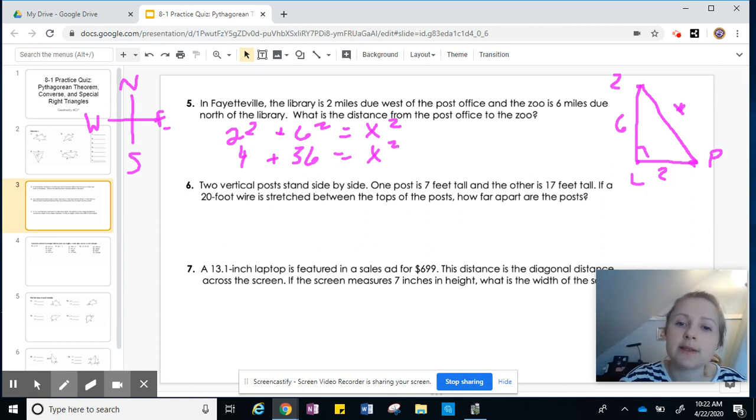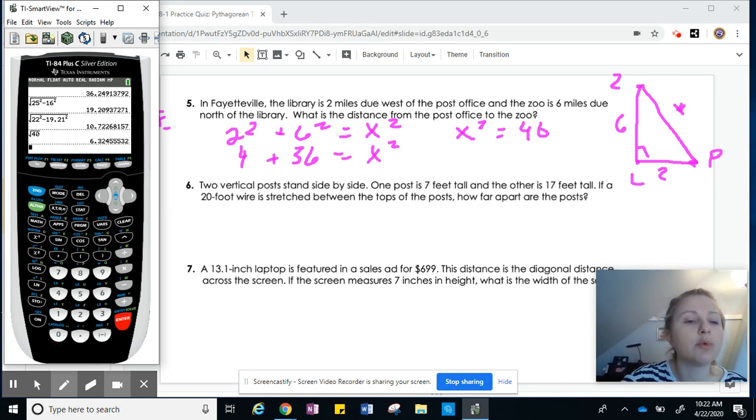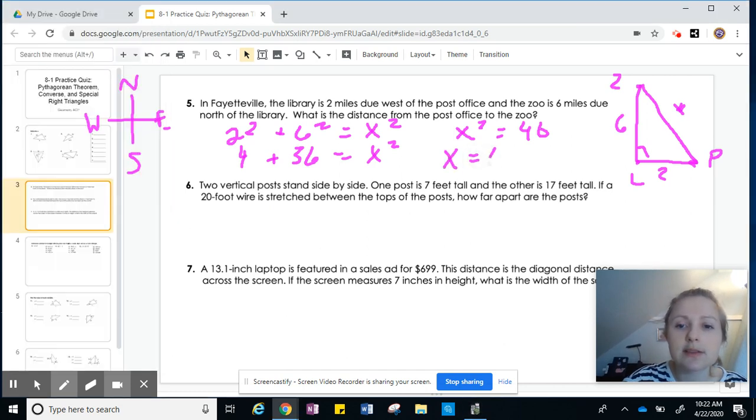So 4 plus 36 equals x squared. x squared equals 40. So now let's figure out what the square root of 40 is. So square root of 40 is 6.32. So x equals 6.32 miles.